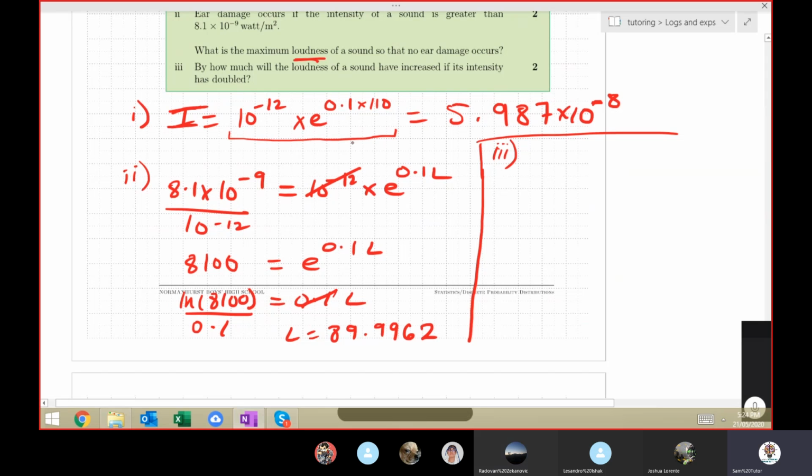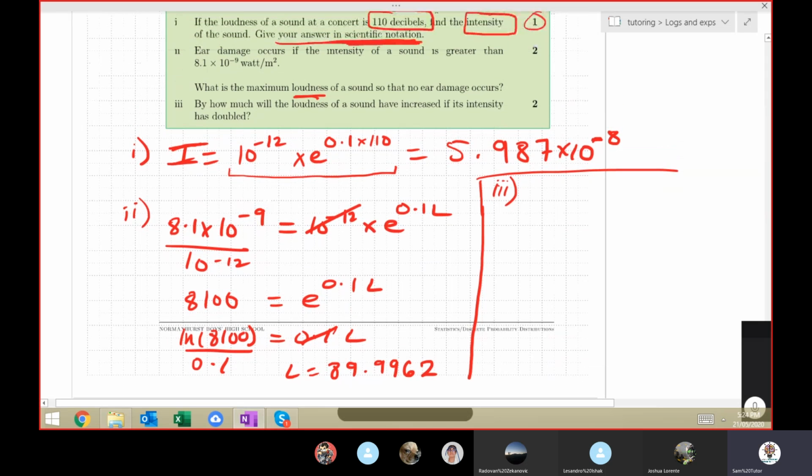Triple A. Last one. By how much will the loudness of a sound have increased if its intensity has doubled? That's worth 2 marks.